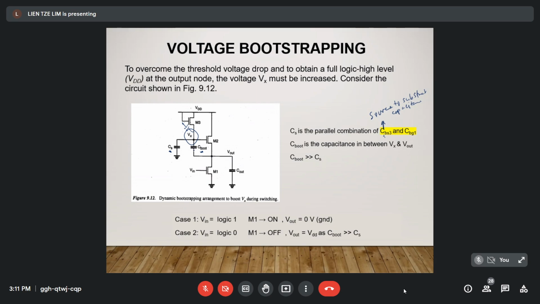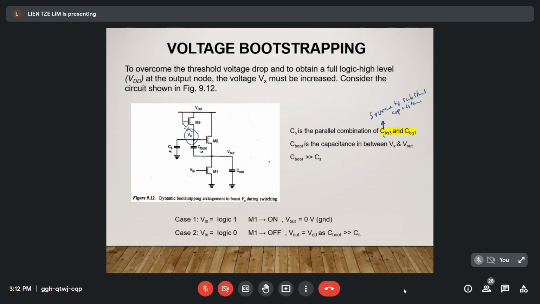It can be in parallel if connected like this, but in this case they may not be in parallel. This doesn't look like parallel.